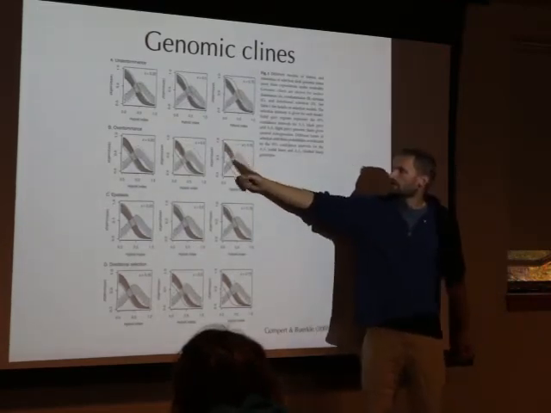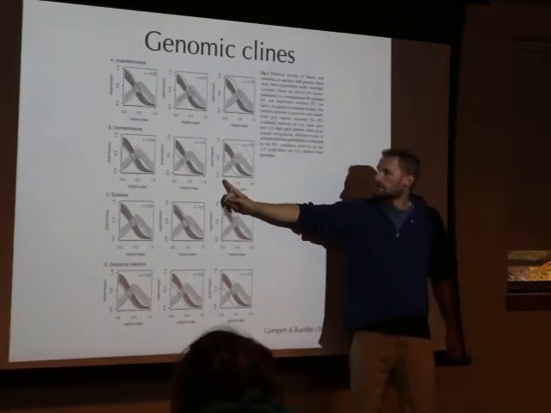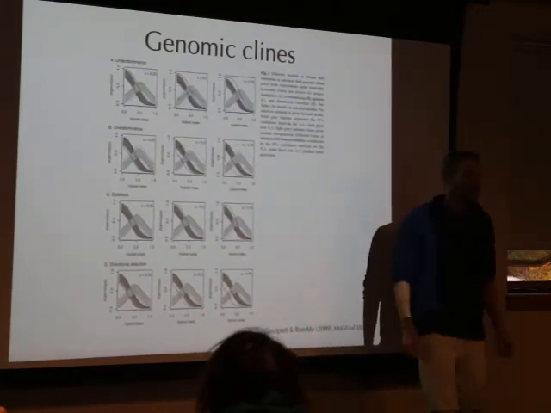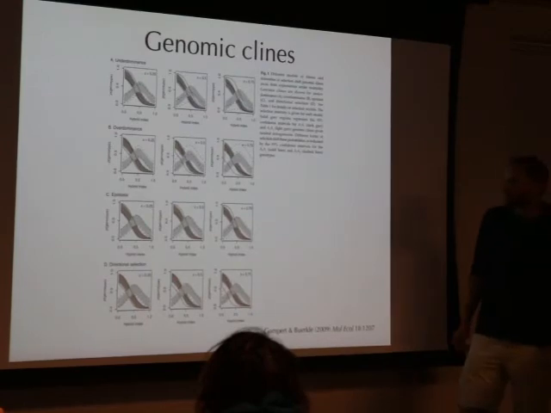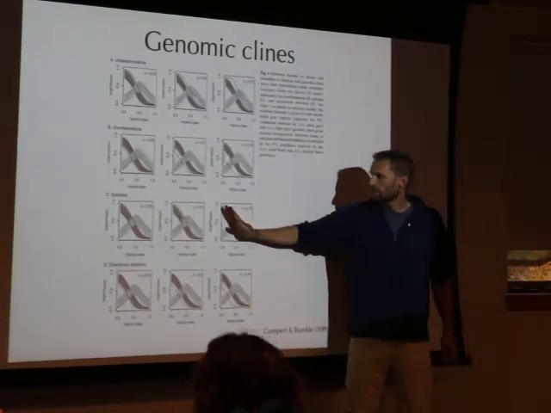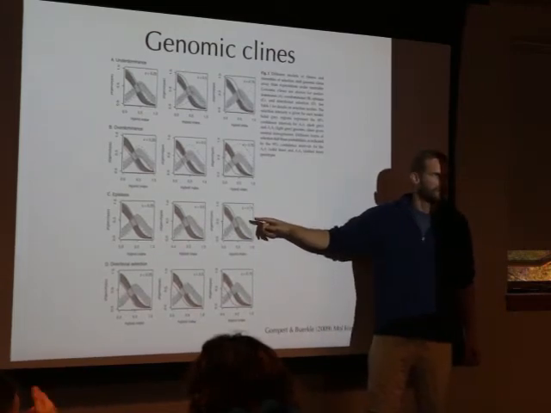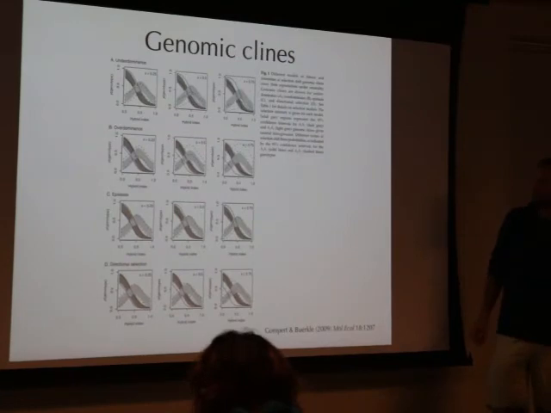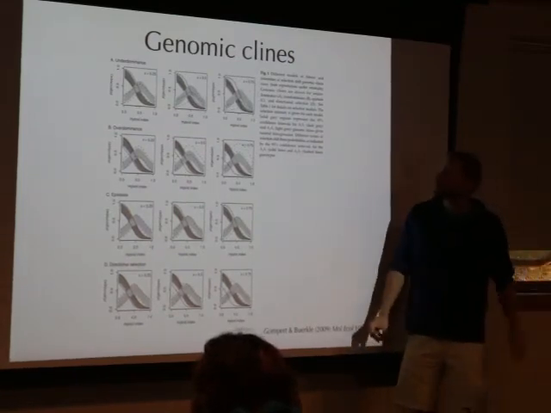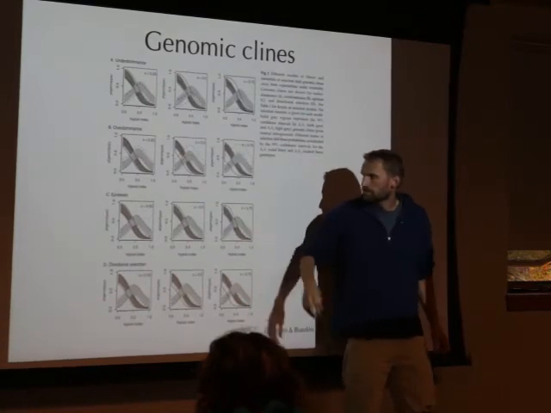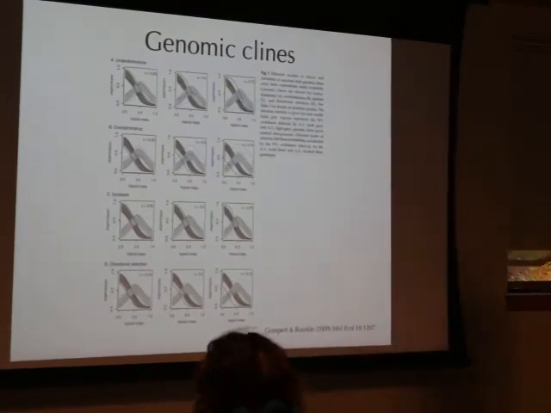The dark gray is the frequency of homozygotes from this species. The light gray is the expected frequency of heterozygotes. By looking at how an empirical data set differs from the neutral expectation, you can conclude all sorts of different things about selection on particular loci, whether it's underdominance, overdominance, directional selection, all sorts of things.